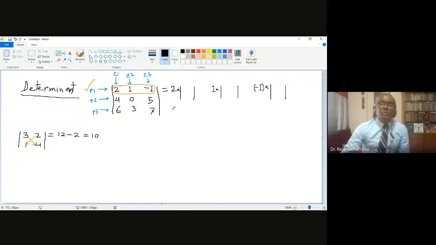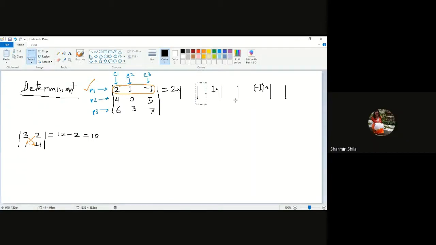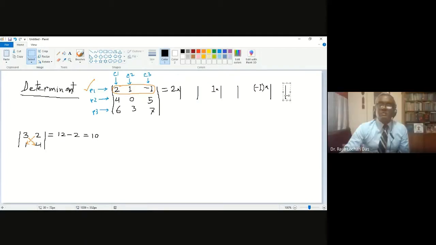So what are the numbers in that determinant? 0, 5, 3, 7. You have the number 2. I'm talking about these two.